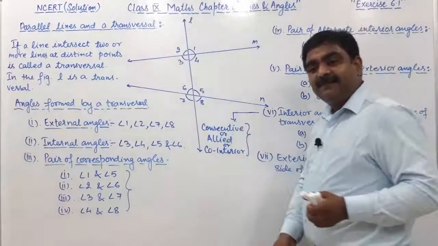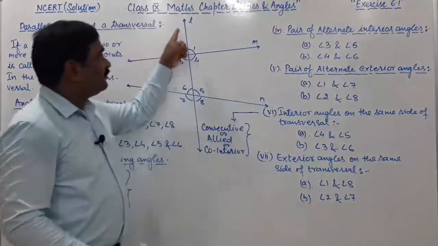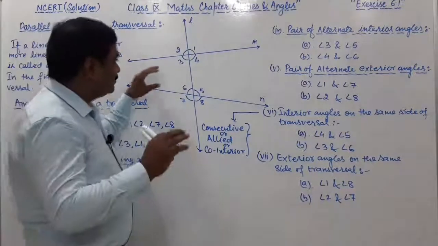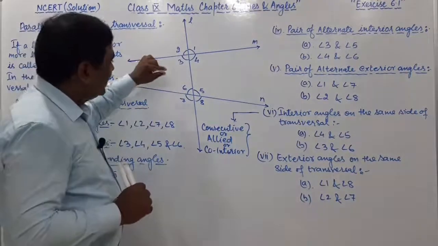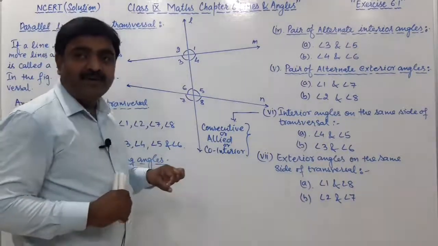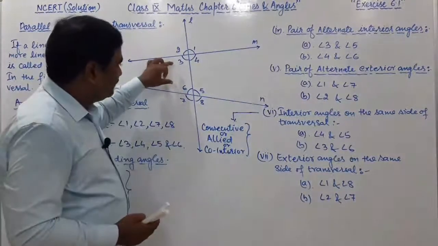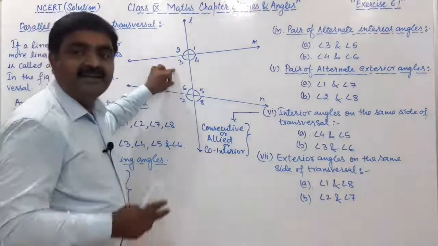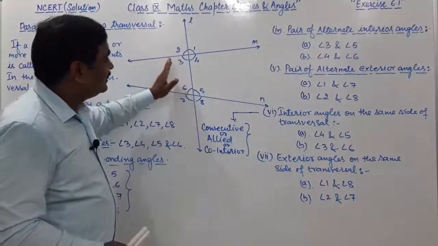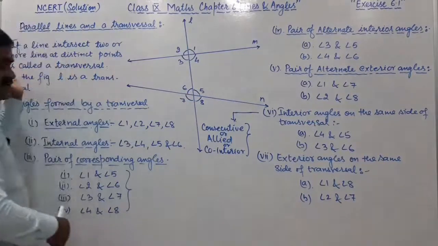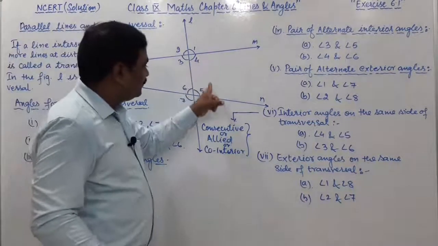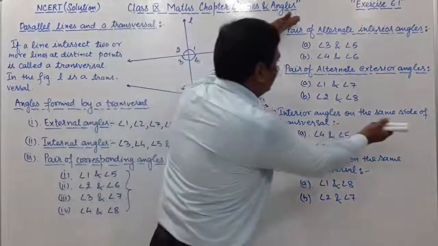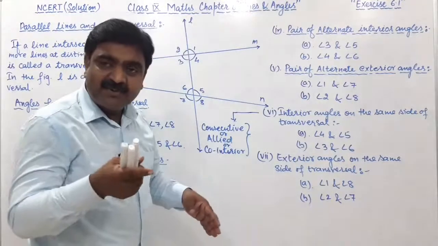In chapter 5 you have read that when a line falls on two straight lines, Euclid's fifth axiom tells you that if the sum of the two interior angles on the same side of the transversal, this 3 and 6, is less than 180, two right angles, then these two lines M and N intersect in this direction. As the sum of angle 4 and 5 will be more than 180, they do not intersect in this direction. Did you understand the concept here?